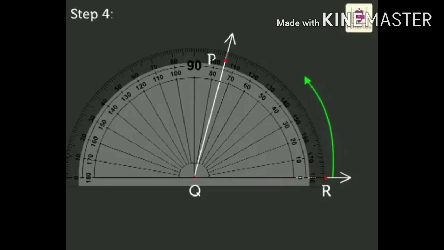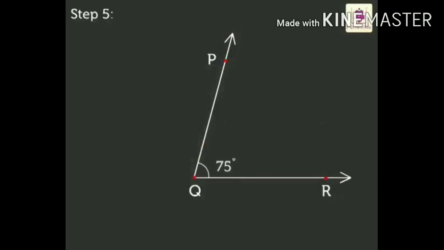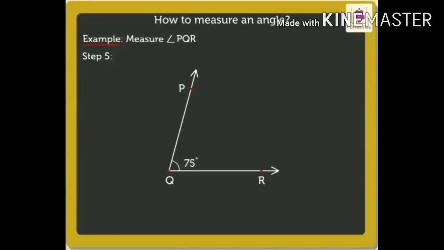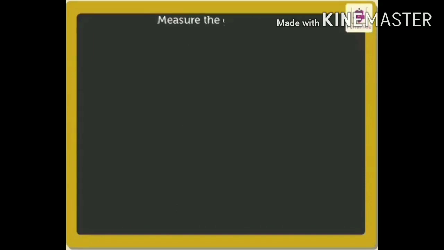Step 4. Read the degree measure that coincides with ray PQ. Step 5. Write that measure as the measure of the angle in degrees. Thus, we get the measure of the angle PQR is equal to 75 degrees. Let's measure a few more angles. Look at the figure.